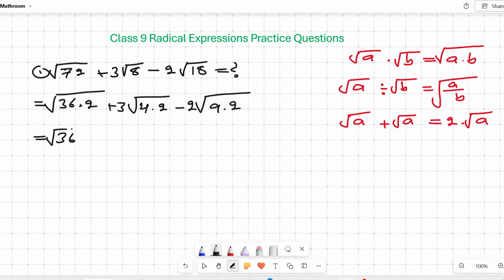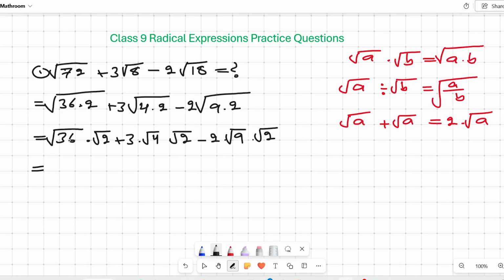I separate them. I write the square root of 36 times the square root of 2 plus 3 times the square root of 4 times the square root of 2 minus 2 times the square root of 9 times the square root of 2.